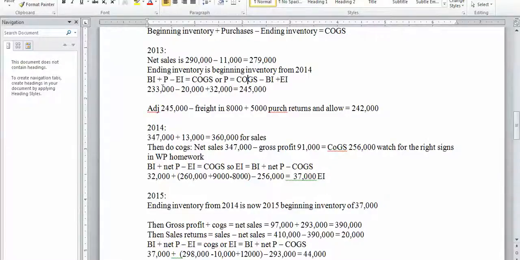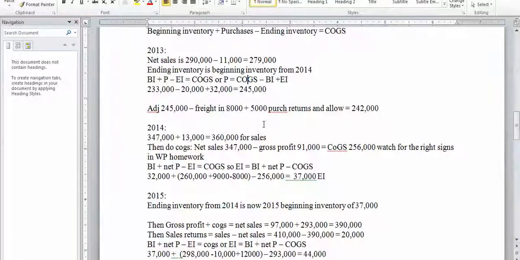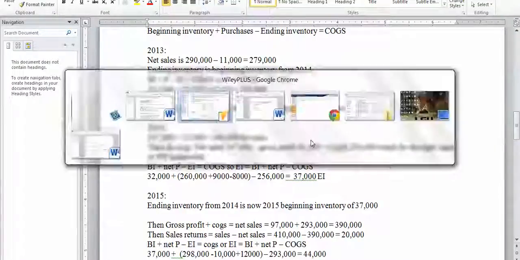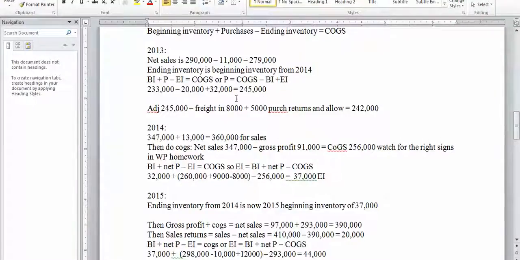So cost of goods sold, 233, minus beginning inventory, which we have as 20,000, plus ending inventory, which was 32, and we get to 245,000.